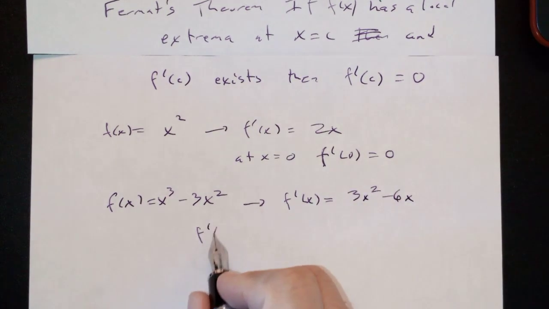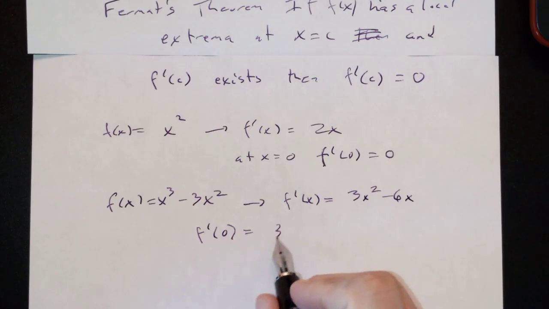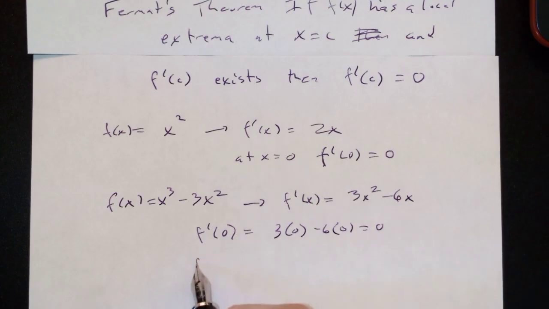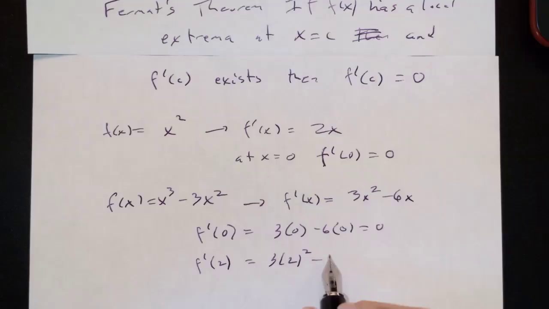And lo and behold, f prime of 0, 3 times 0 minus 6 times 0 is 0. And f prime of 2, 3 times 2 squared minus 6 times 2 is 12 minus 12, which is also 0.